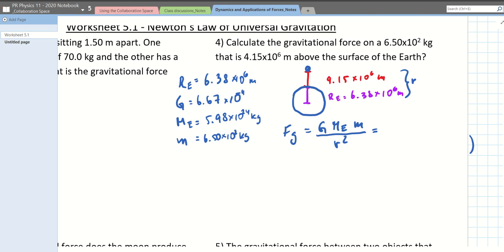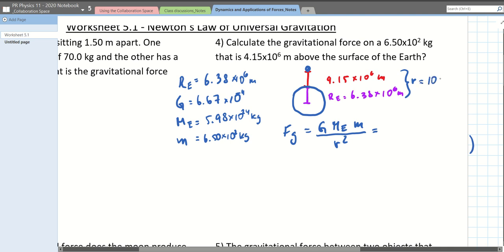We have the distance from the surface, 4.15 times 10 to the 6th, plus the radius of the Earth, which is 6.38 times 10 to the 6th as well. So we're going to get our R value here of 10,530, and then 3 zeros.